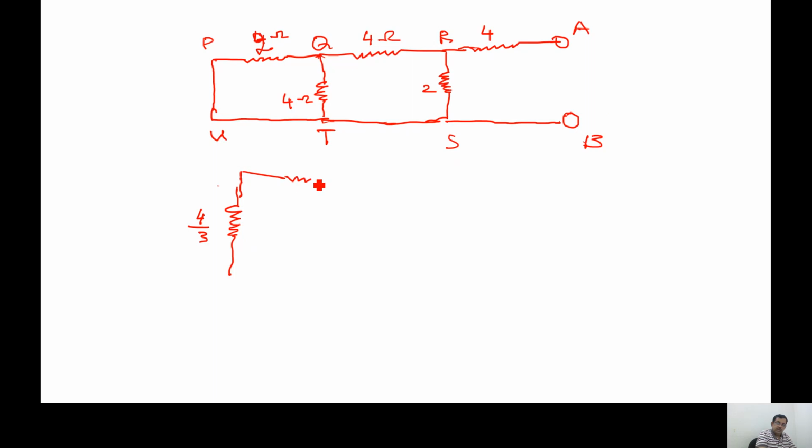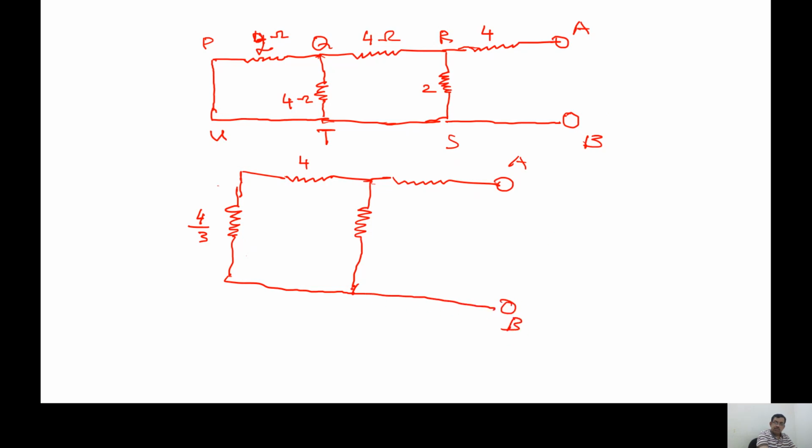This is in series with the 4 and in parallel with this 2 ohm. When I open A and B, it will look like this. So 4 by 3 and 4 in series give 16 by 3.